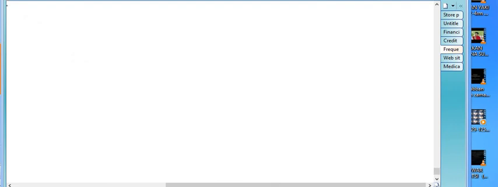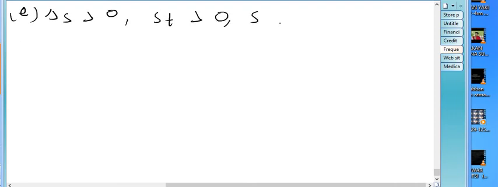Then E, we have given that the entropy change is greater than 0. The entropy transfer is also greater than 0, and the entropy generated is less than 0. So without going further to apply the second law of thermodynamics, for the given condition, we know that the condition is wrong.